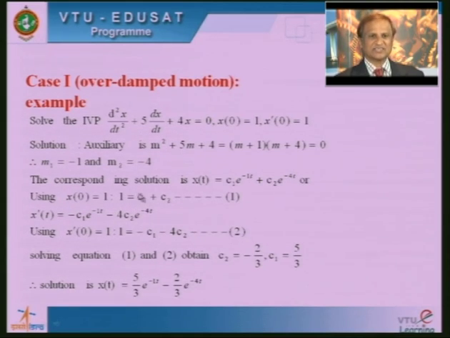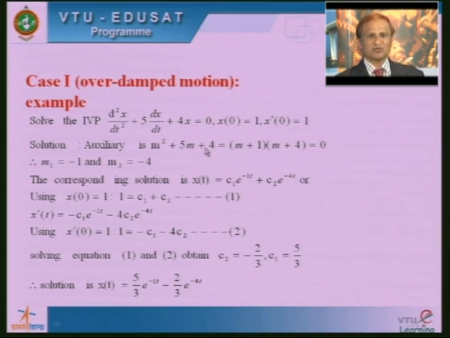I will get c1 plus c2 is equal to 1, which we may call equation number 1. Now differentiate the solution: x prime of t is equal to minus c1 e to the power minus t minus 4 c2 e to the power minus 4t.